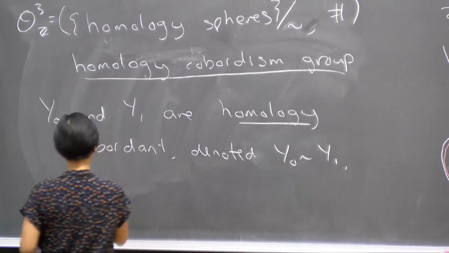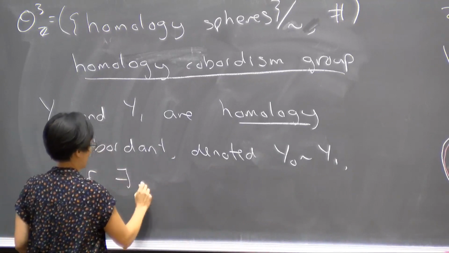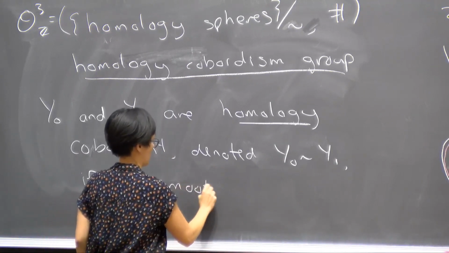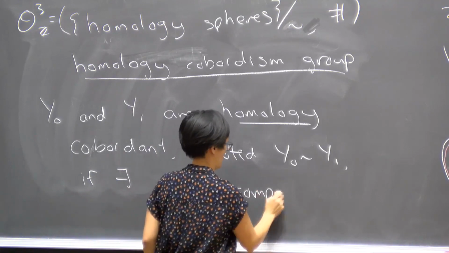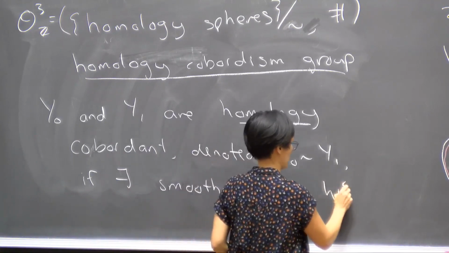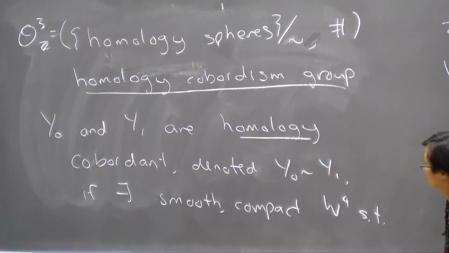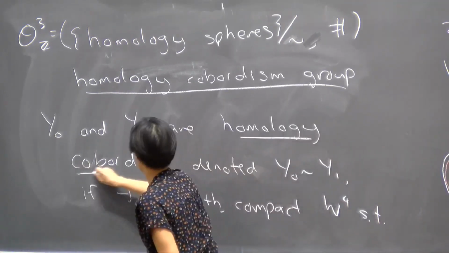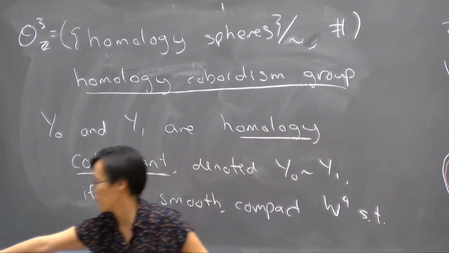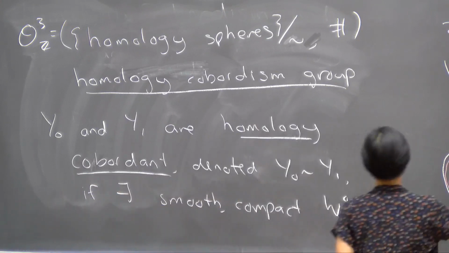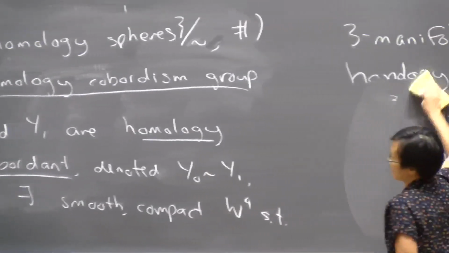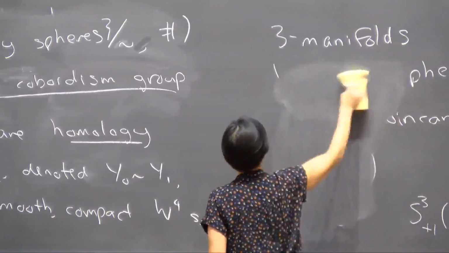if there exists a smooth, compact four-manifold W such that it should be a cobordism from Y_0 to Y_1. That means that the boundary of W is minus Y_0 disjoint union Y_1.